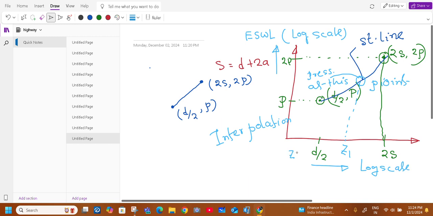And we have mentioned the depth previously as z.